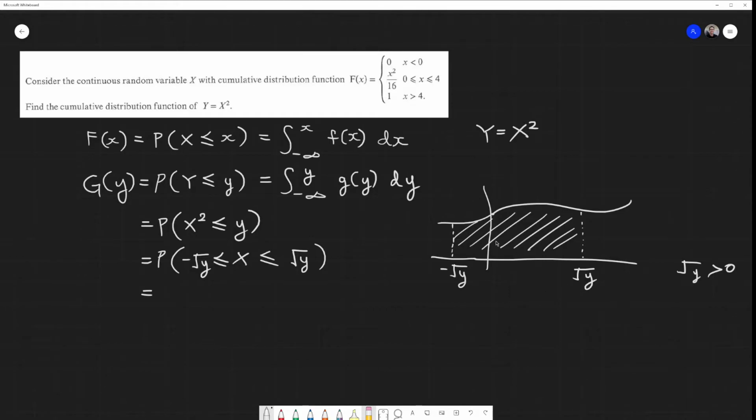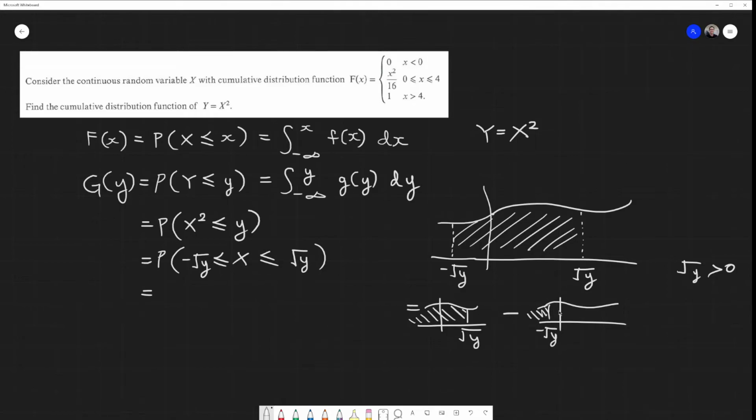But this is the area that we're interested in. So this area is actually the same as taking the area from negative infinity to square root of y, this is square root of y, minus, this is, let's say, negative square root of y, minus this area here from negative infinity to negative square root of y.